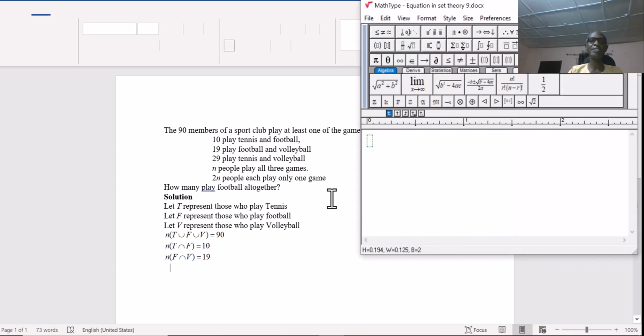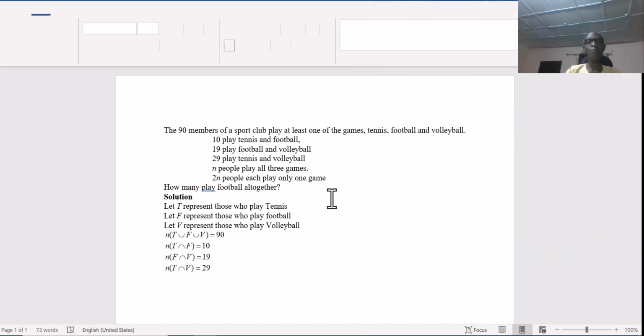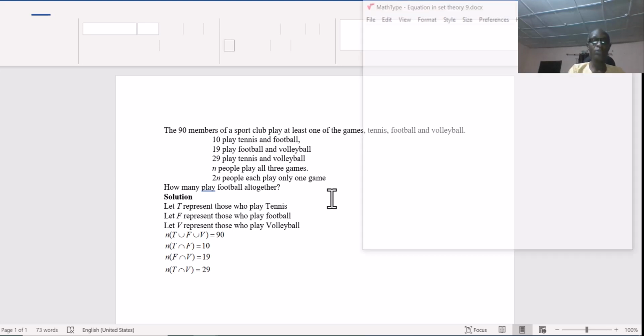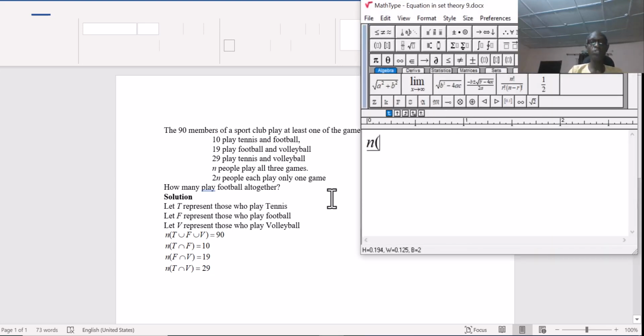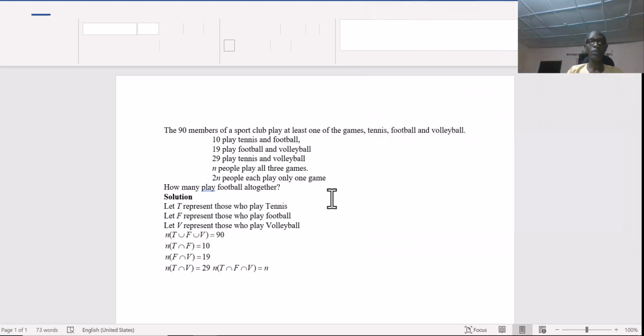29 play tennis and volleyball. That's 29. N people play all the three games, so T intersection F intersection V is equal to N. Now the last aspect is that 2N people play each one game only.